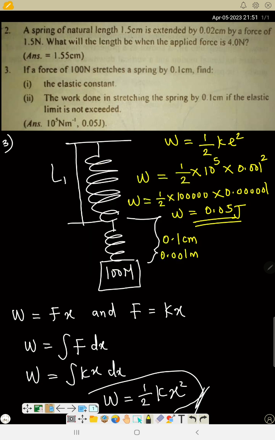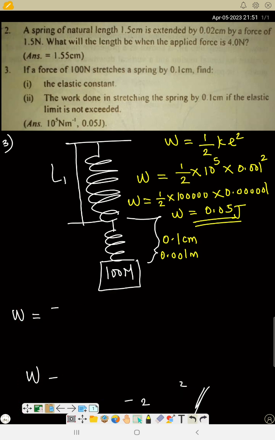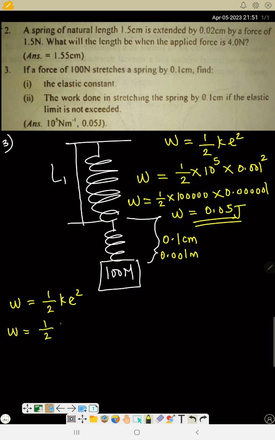Now if you don't want to use that half kx squared, from there we can still get it, since we know our force. We know that W is half ke squared, so I can say this is also half times ke times e.